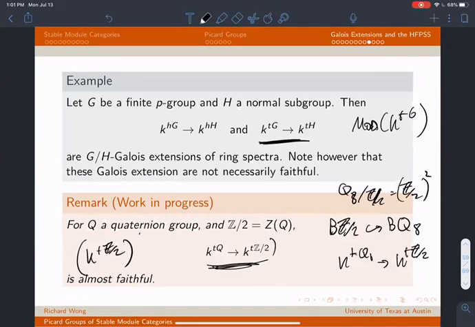What I mean is that the Tate construction of Z/2 squared is not contractible, but it's pretty close to being contractible. There's some periodicity going on. So my work in progress says that it's close enough to being faithful that you can do Galois descent. I see, so it's possible you have to know some differentials. Exactly. Thanks.